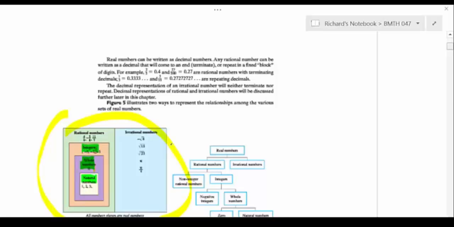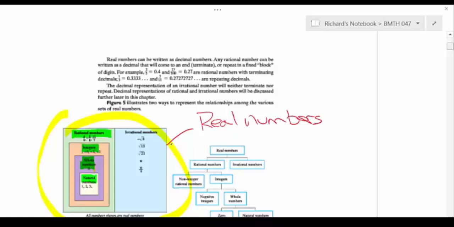The whole numbers are contained in the integers, and the integers are contained in the rational numbers. However, the irrational numbers are their own set, and they're not directly related to any of those other sets. When we consider the natural numbers, whole numbers, rational numbers, as well as the irrational numbers, the collection of all these numbers are real numbers.